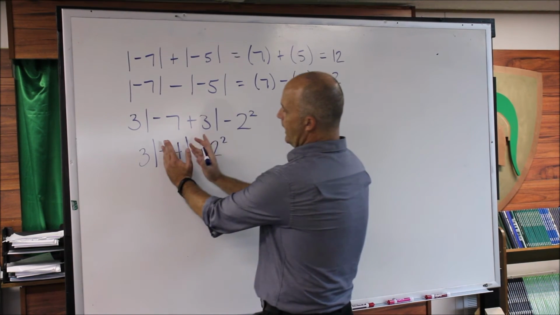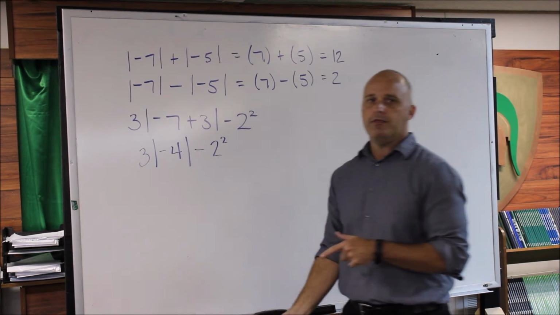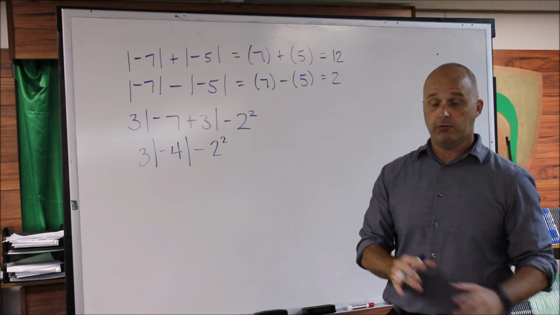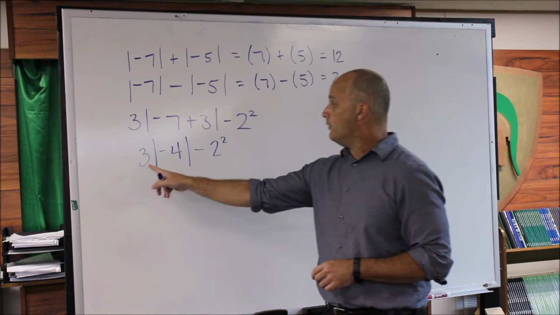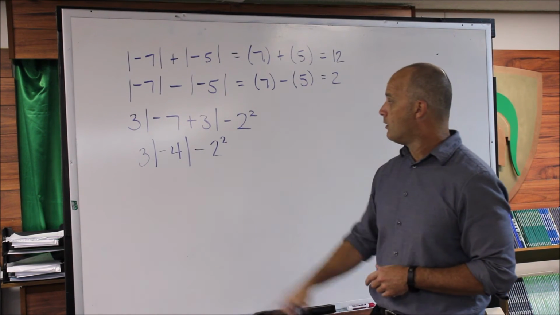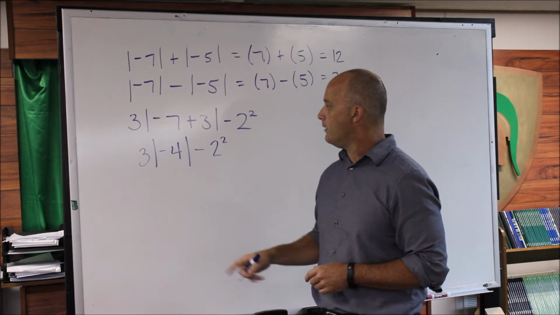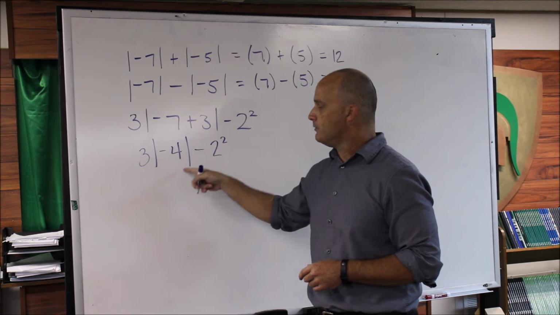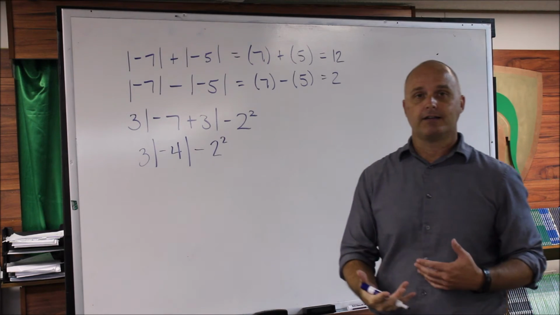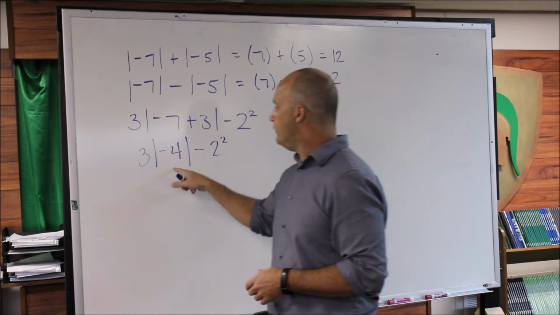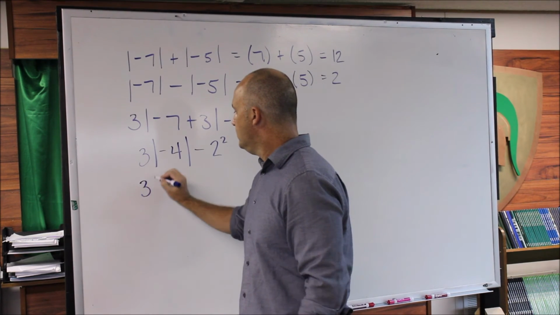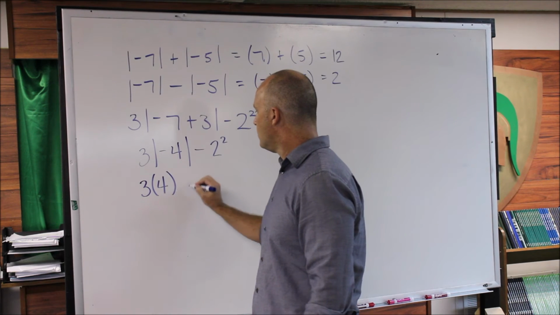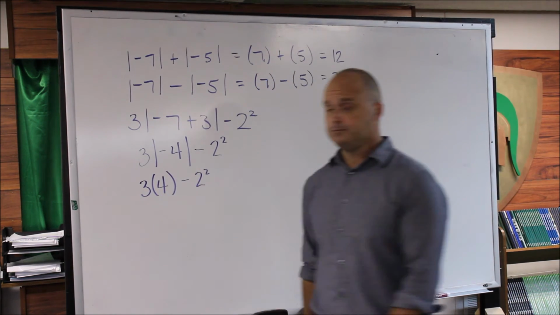Once you've simplified the inside of the absolute value, then you can take the absolute value of whatever's inside of it. So 3 times the absolute value of -4 minus 2 squared. Now these absolute value signs still act as if they're parentheses, so we're going to do this first. So we get 3 times 4 minus 2 squared.